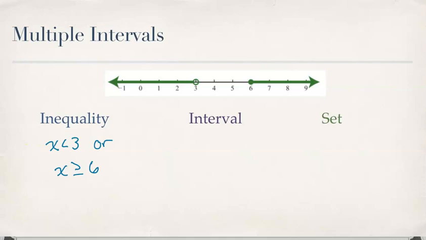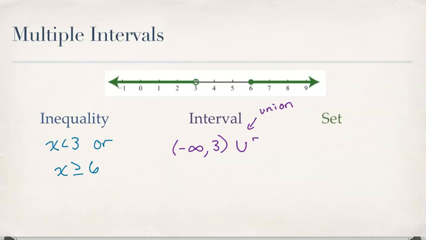In interval notation, I want to be able to describe both of these intervals. So I'm going to connect them together. I'm going to say my first one goes from -infinity to 3, open. And I'm going to use this U. This U means union, and it's how you join two intervals together.